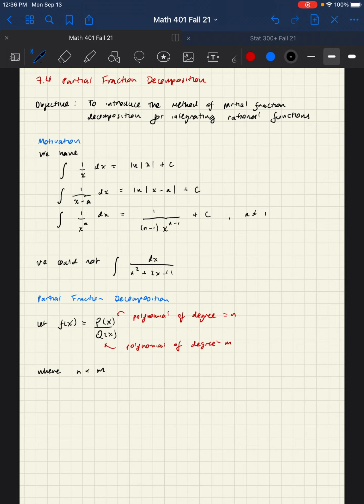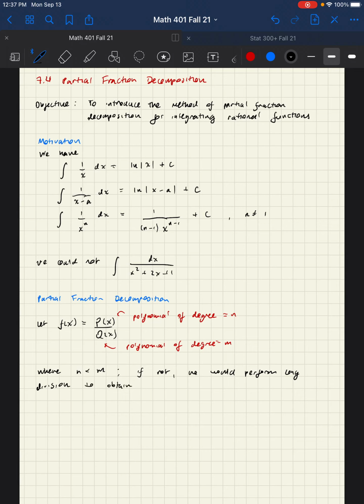This is related to the relationship between improper fractions and proper fractions, in that if not, we would need to perform long division first to express it as a polynomial plus a proper rational function.